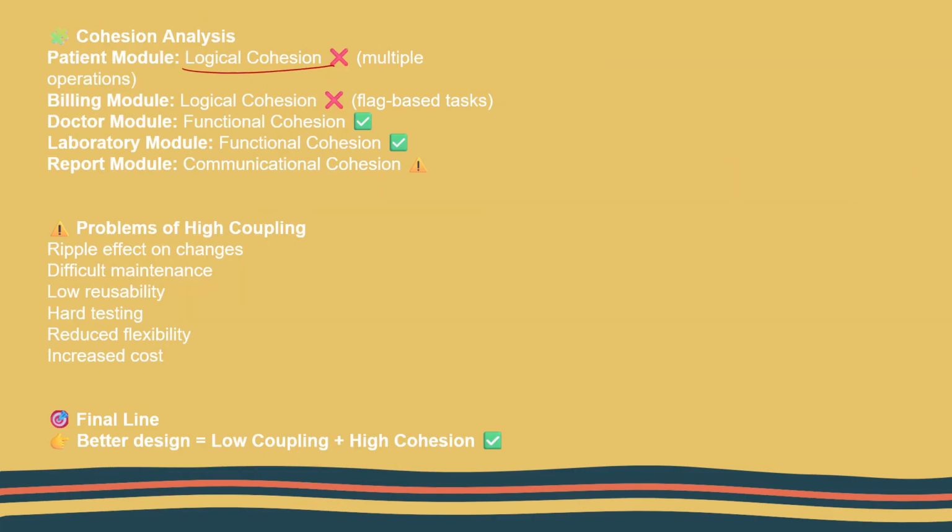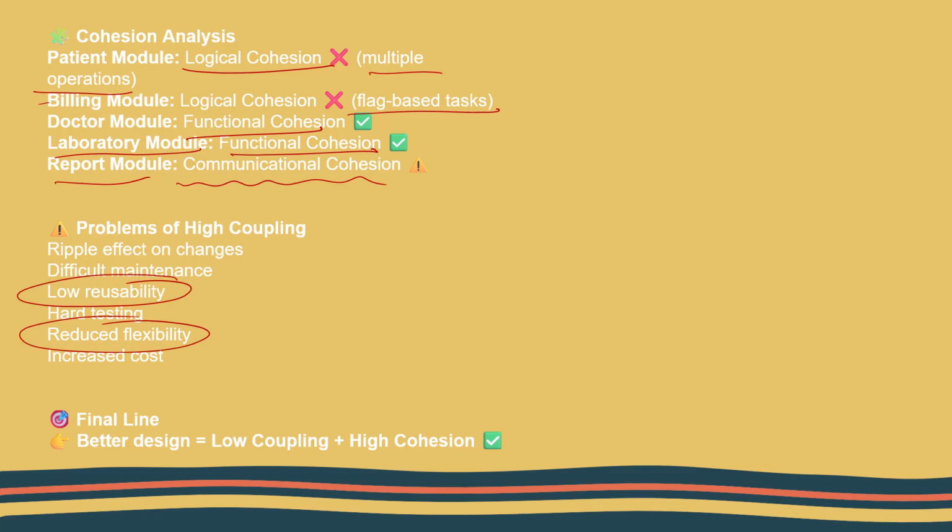Cohesion, logical cohesion. Multiple operations are being handled. Billing is also flag based, so logical. Doctor module is functional. Laboratory module is functional and report module is communicational cohesion. Problem is high coupling and low reusability, reduced flexibility, increased cost, computational cost, and difficult maintenance.